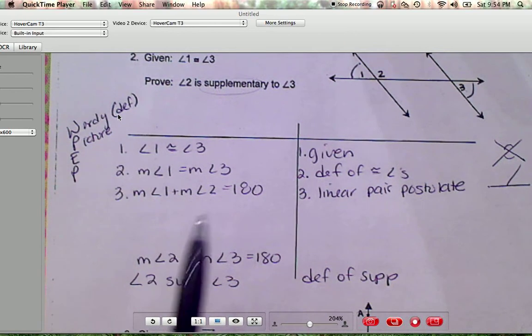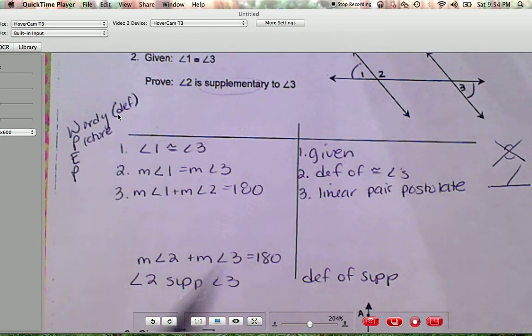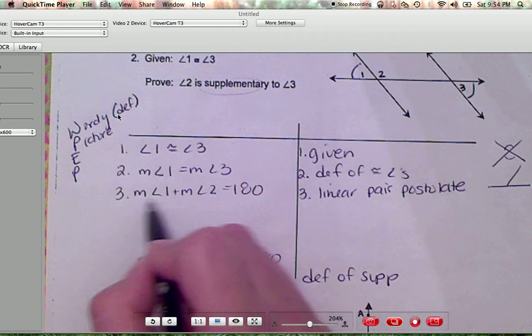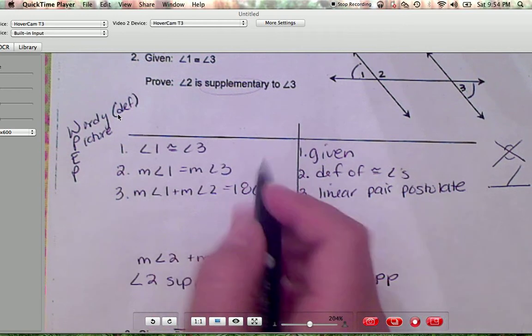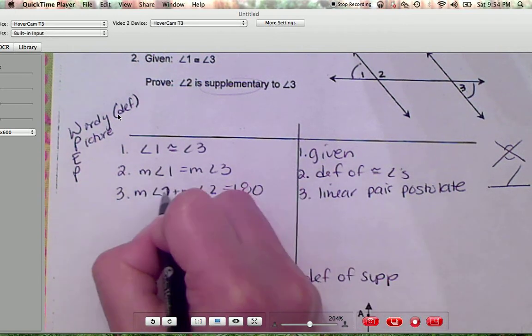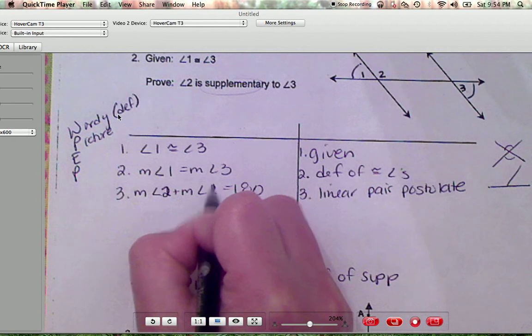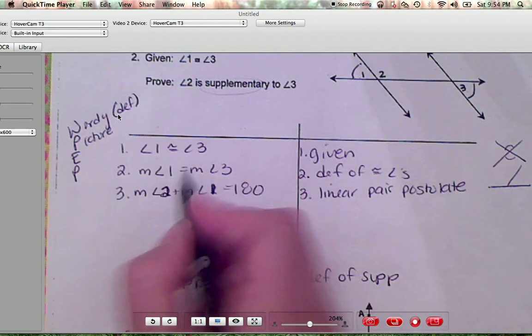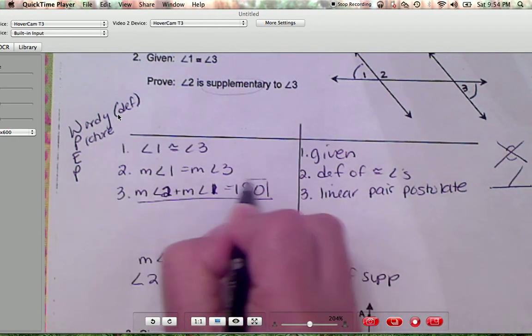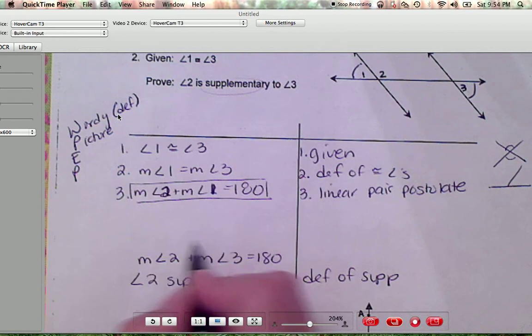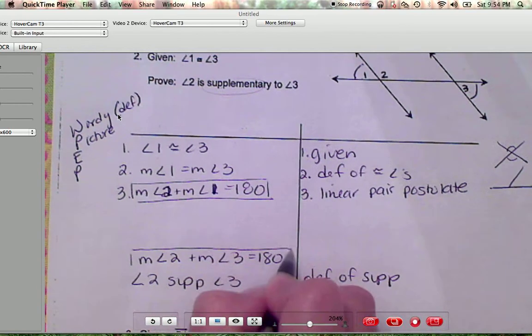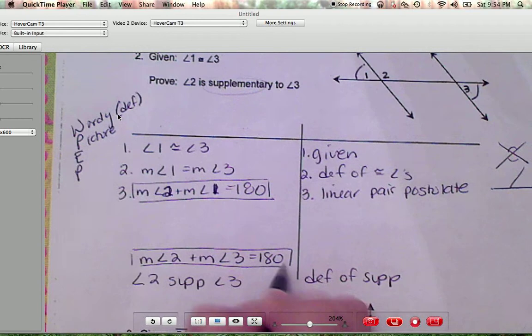So here is where we are, and actually let's change this just ever slightly. Instead of 1 plus 2, let's say 2 plus 1, because now we can look at this statement. Angle 2 plus 1 equals 180, and angle 2 plus 3 equals 180.